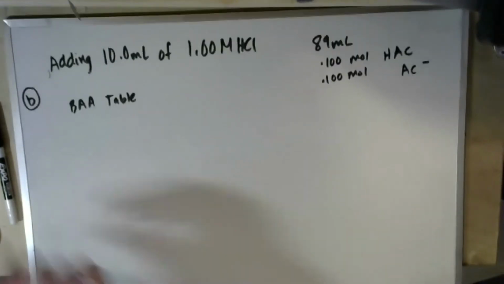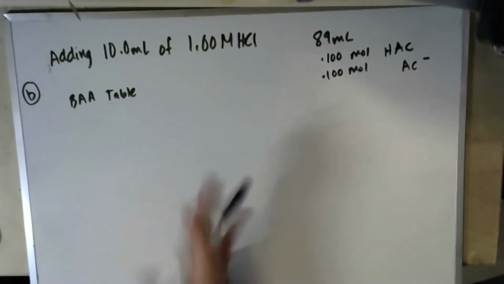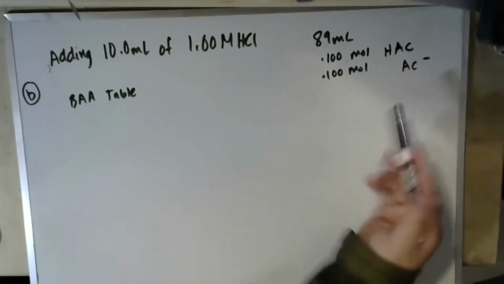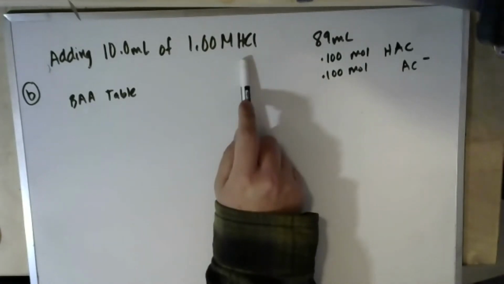All right, let's take a look. Now, what I want you to ask yourself here before we start writing down calculations: compare what we're doing in this step to what we did in the last two steps. We still have our same buffer, but in this case, we're adding an acid to it instead of a base.